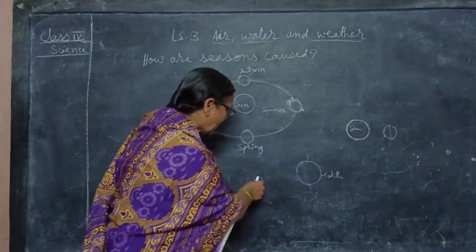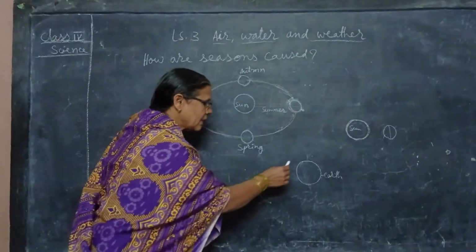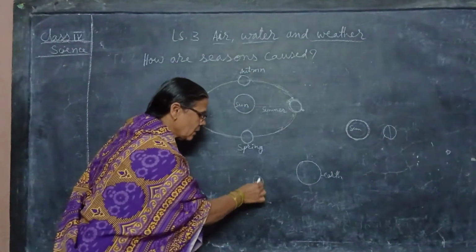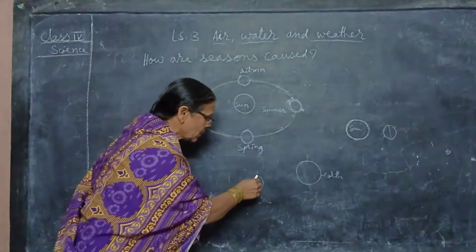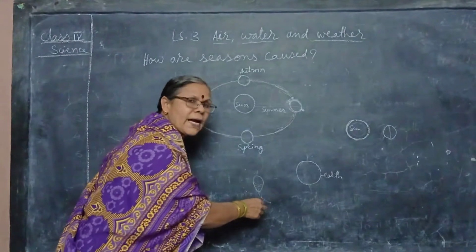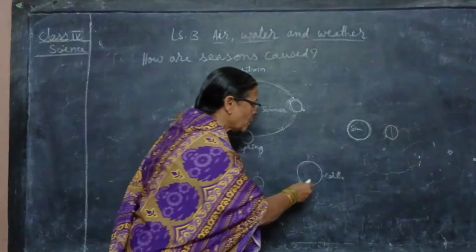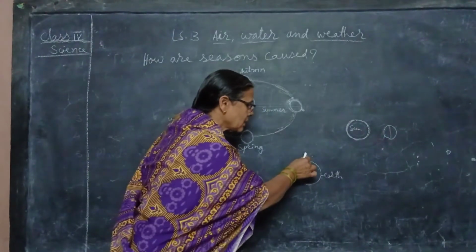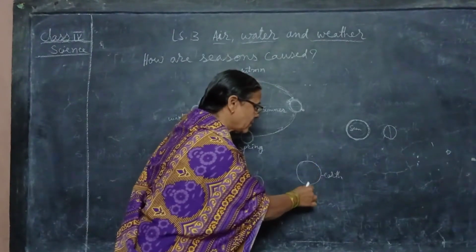In the same way as the top is moving, the earth is also spinning. As the top spins on one imaginary line that passes through it, the earth also moves on an imaginary line that passes through the north pole and the south pole in the center of the earth.